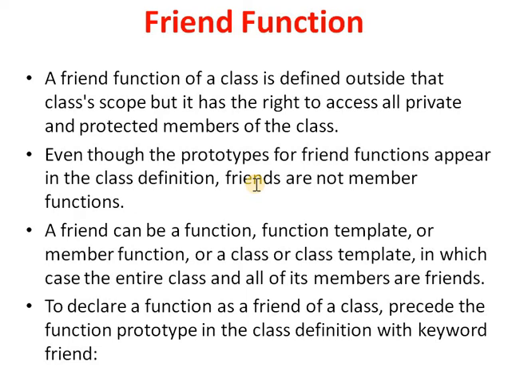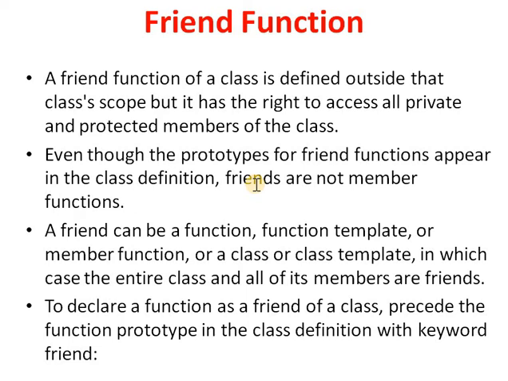A friend can be a function template, or member function, or a class or class template, in which the entire class and all its members are friends. Means they can be accessed anywhere in our program.